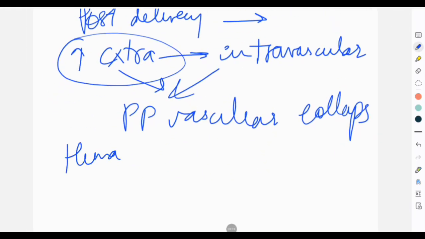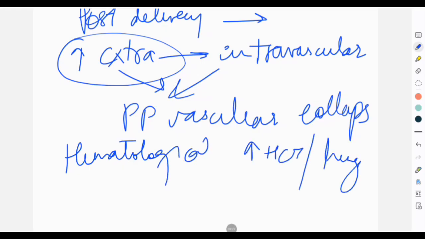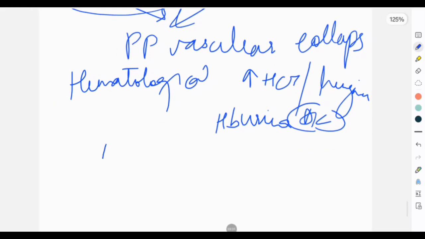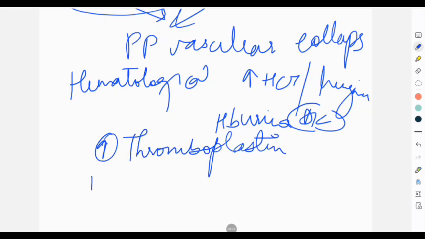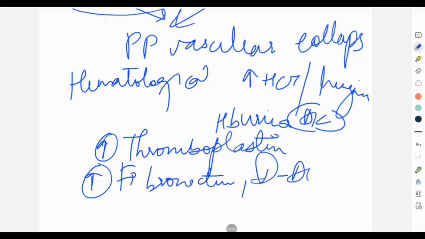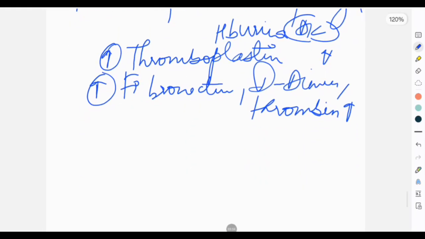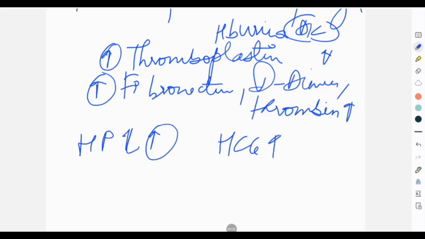Then hematological: increase in the hematocrit, hemoglobinemia, hemoglobinuria, DIC, increased thromboplastin, increased fibronectin, D dimer, and thrombin. All of them increase. Then hormones: HPL increases, HCG increases.